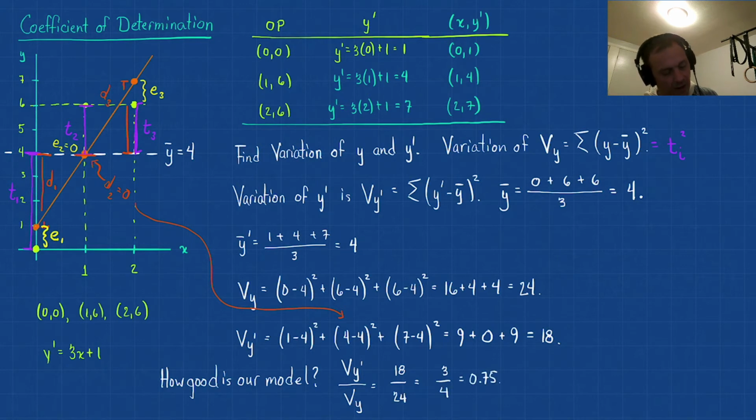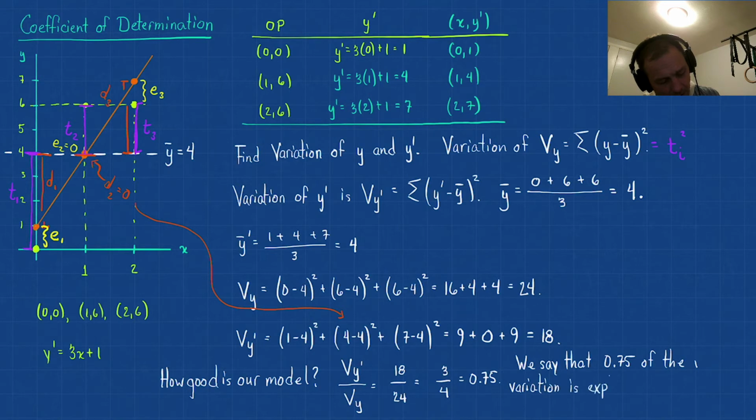And so we say that 75% of the variation is explained by this linear model.